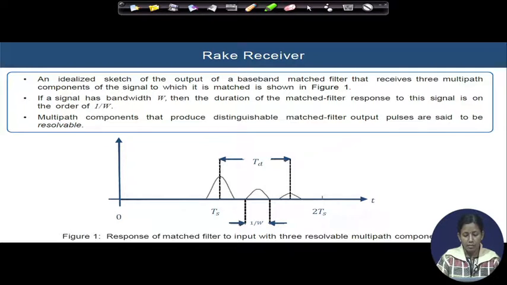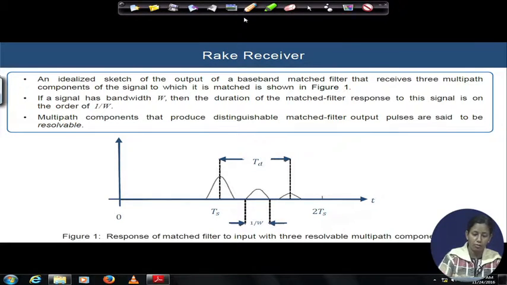Let us sketch and understand what is going on in the environment and how the receiver is receiving the multipath signals. Figure 1 is an idealized sketch of the whole situation. Remember the output of the baseband matched filter. If the filter is matching with the 3 multipath components, the output of the baseband matched filter for all those 3 paths will look like this.